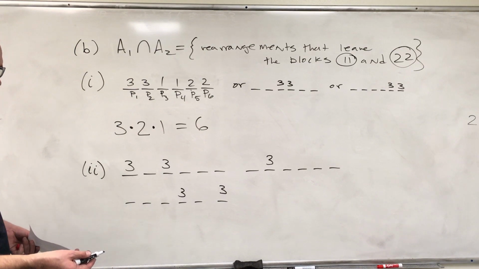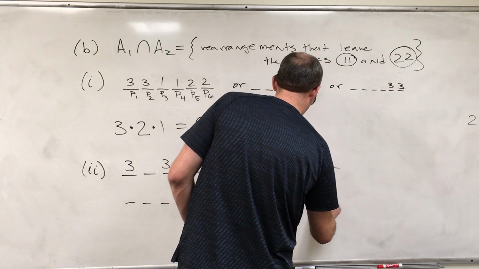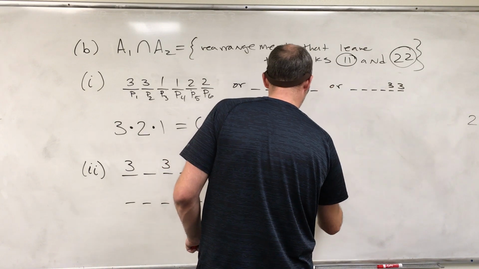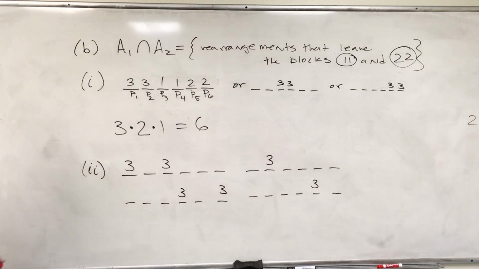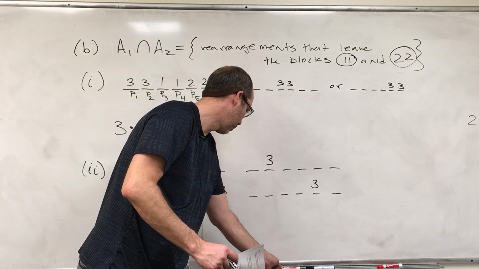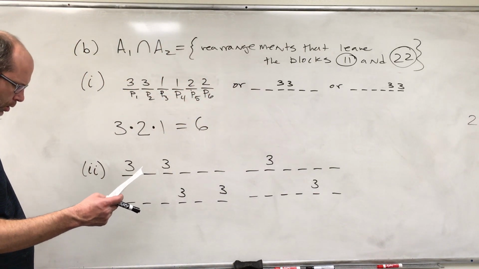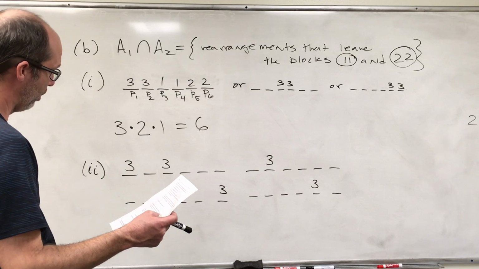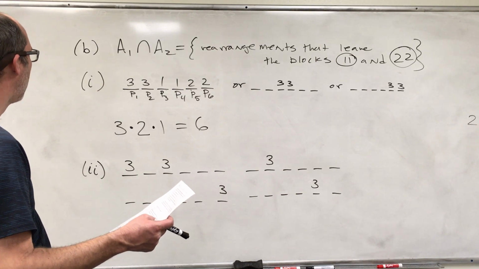That was the second position. 1, 2, 3, 4, 5, 6. Put a 3 in the 5th position, we have a problem. The two remaining 3's are not next to each other.